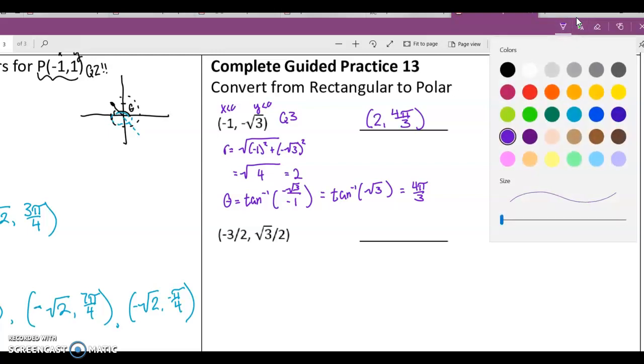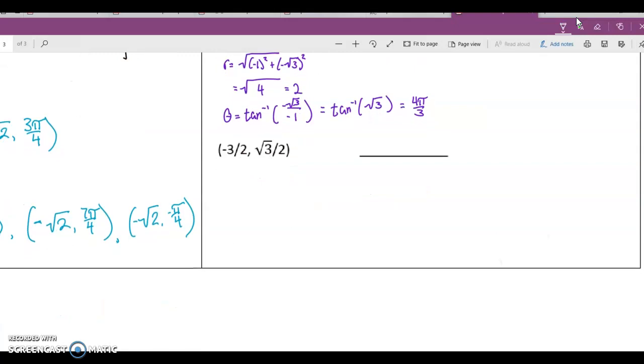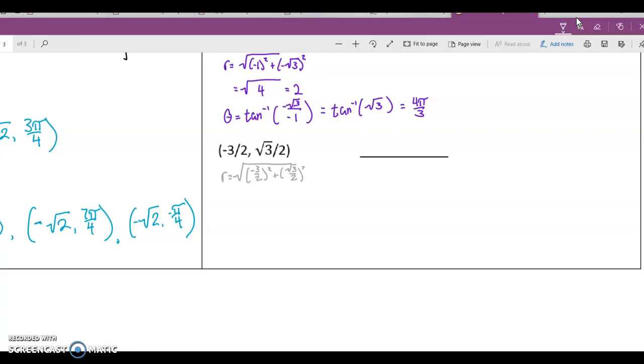And then my last example for the day, we do this one here. R is equal to the square root of negative 3 over 2 squared plus root 3 over 2 squared. So if you do that math out, you will get this underneath here is the square root of 3.